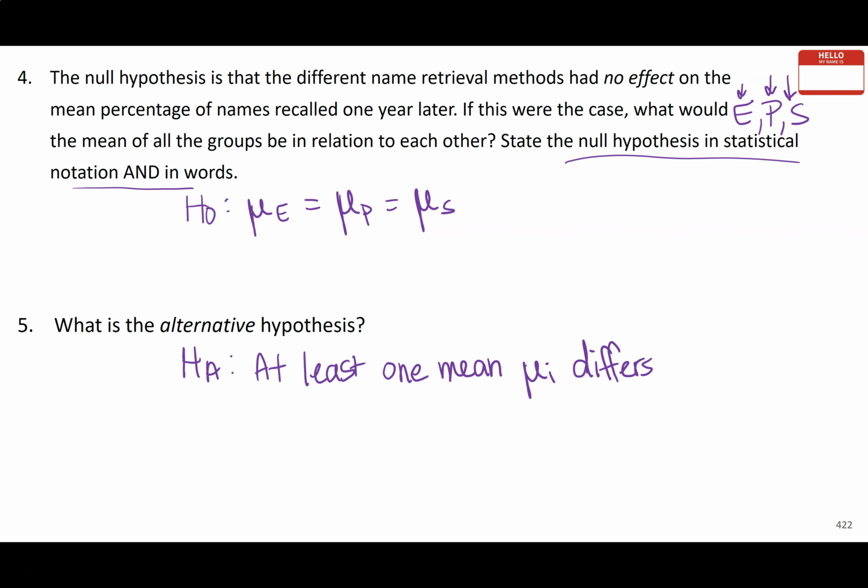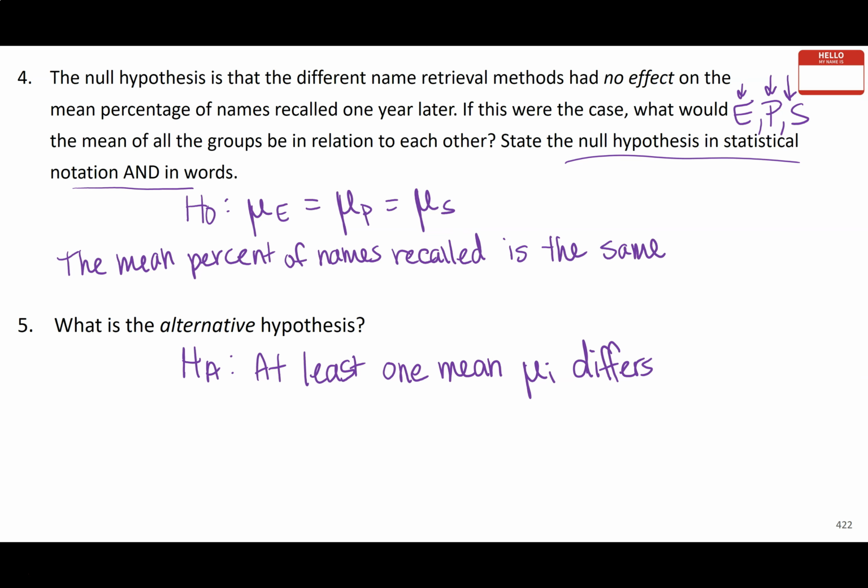So the null is saying the mean percent of names recalled after 1 year is the same for all 3 name games.